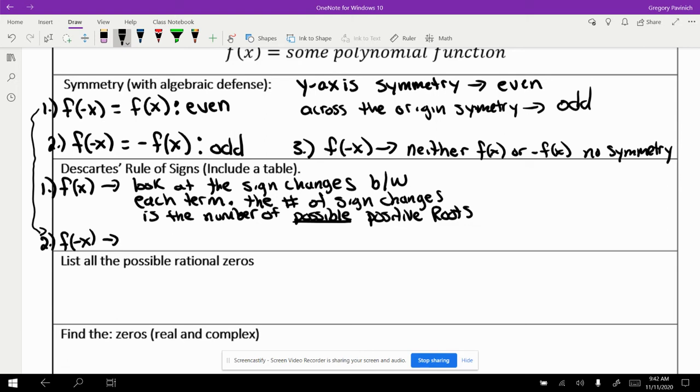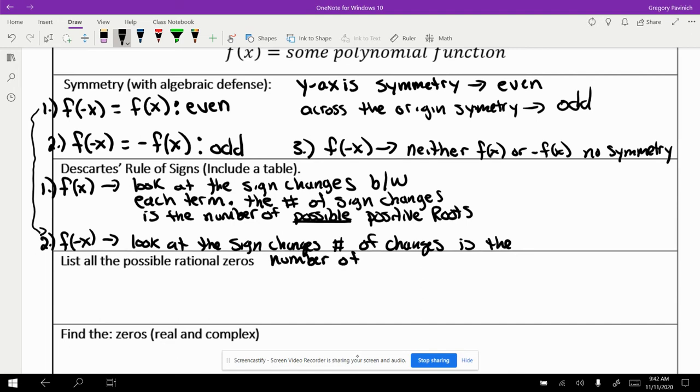And then you're going to look at the sign changes, and the number of changes is the number of possible negative roots.